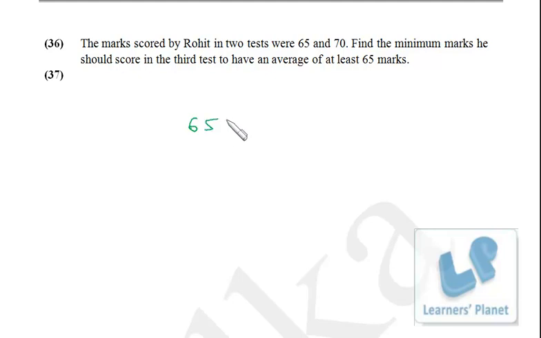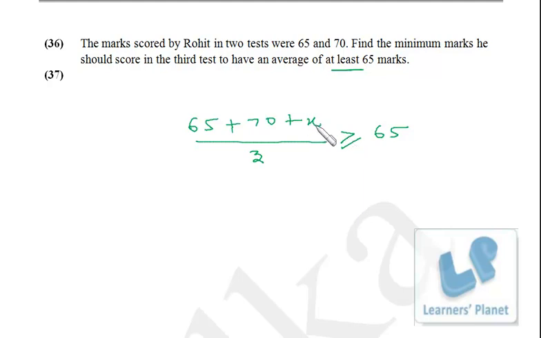So total marks for all the 3 tests is this, 65 plus 70 plus x divided by 3 will be the average, and this average should be at least 65. That means this average should be greater than equal to 65. Since it is at least over here, 65 will also do. That means the average should be 65 or more than that.